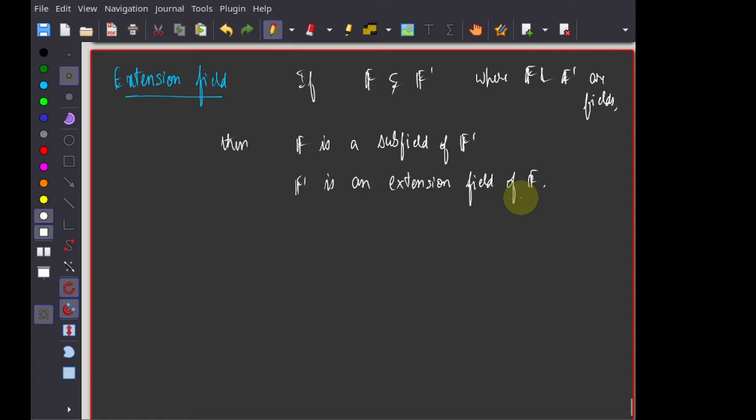So you can get a subfield by taking some subset of the field. Right? But how is it possible to systematically construct an extension field? That's something that we want to investigate. Which leads us to this very nice theorem.